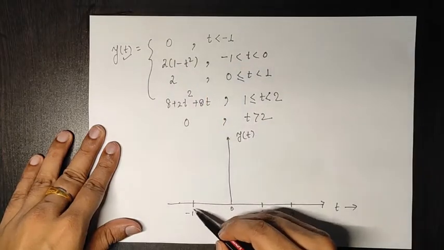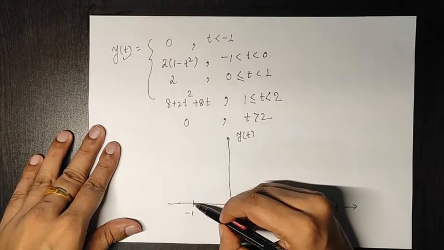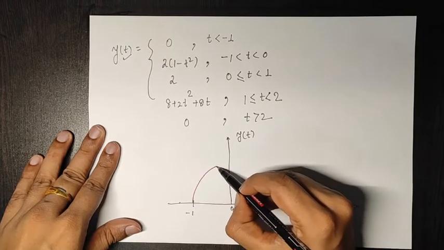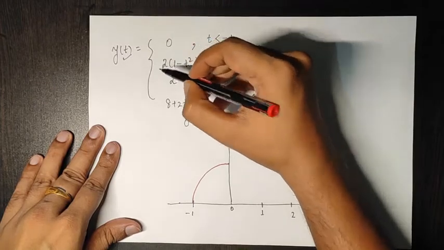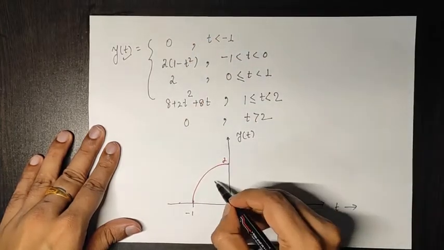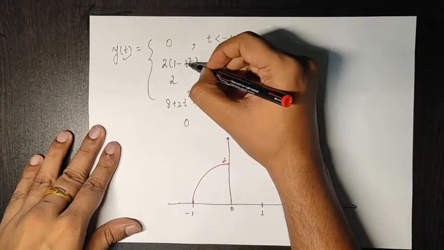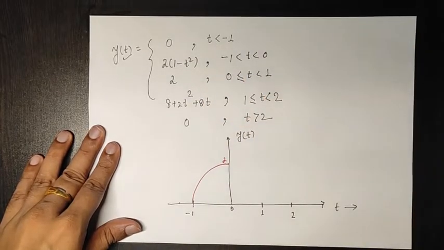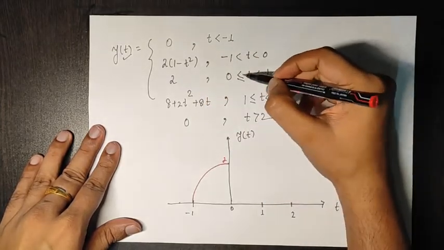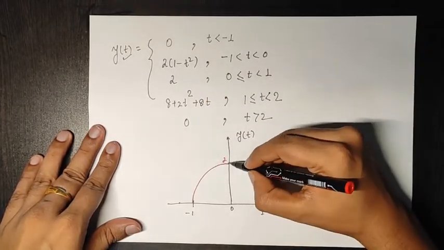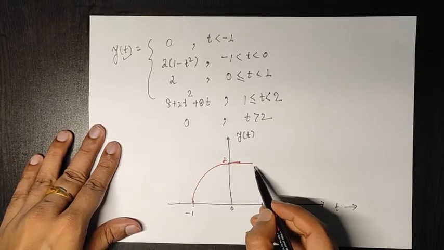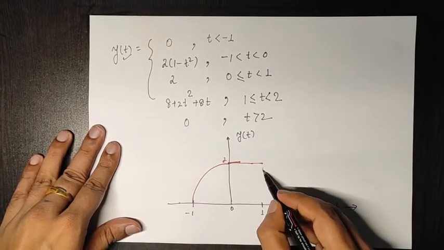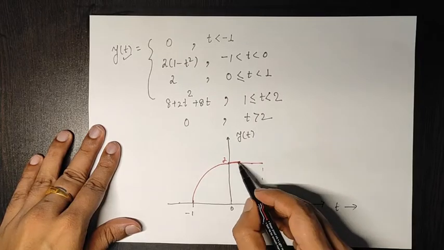Then at t equal to minus 1, it will start from 0. It will reach a value. What is the value? Putting t equal to 0, we get 2. Concavity downward because the coefficient of t square is negative. And then its value is 2 from 0 to 1, so it will go as 2 only.